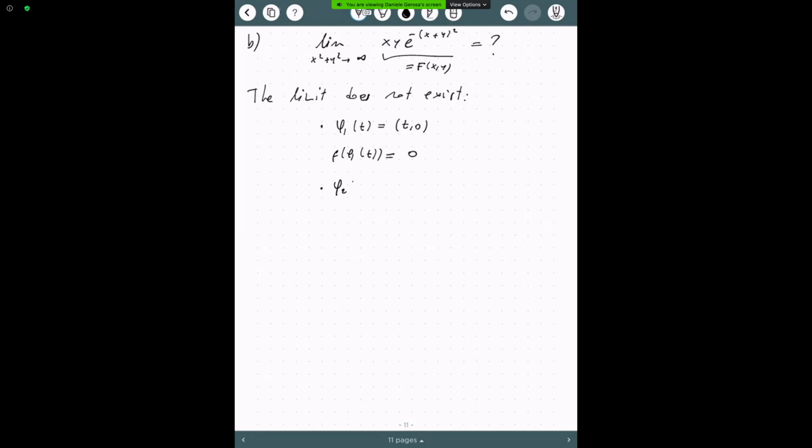And then I define this other map here, (t, minus t), which is equal to minus t squared, and now this goes to minus infinity as t goes to plus infinity, right? So this limit does not exist then.